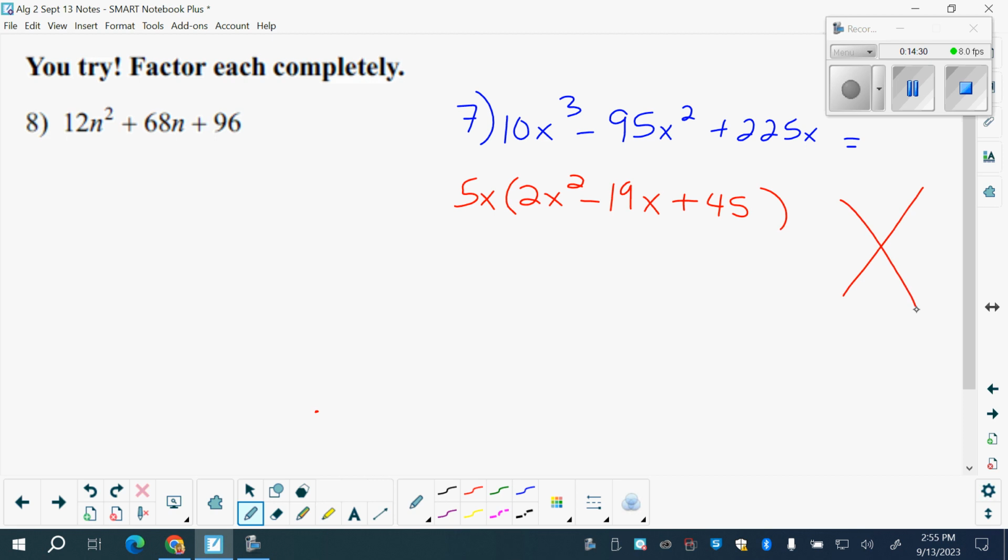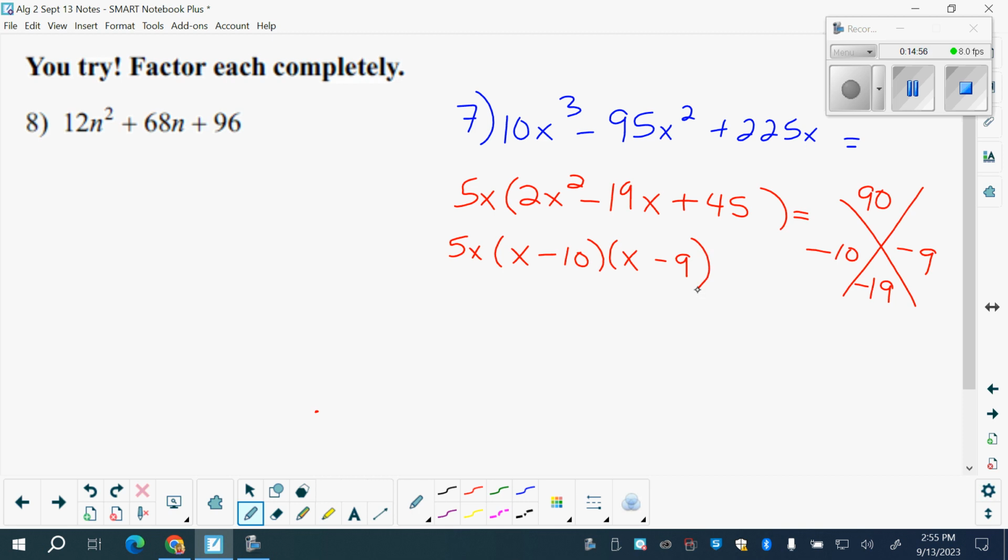So when we do our X, 2 times 45 is 90. Negative 19. What numbers would work there? Yep, negative 10, negative 9, 5x, x minus 10, x minus 9.